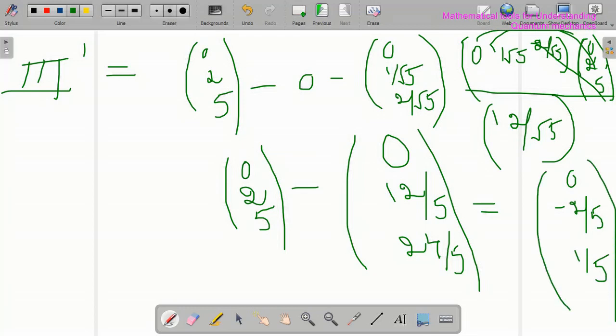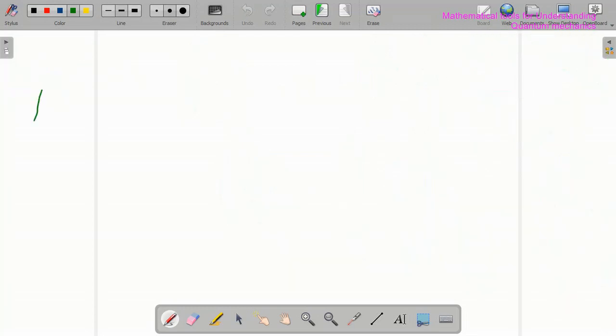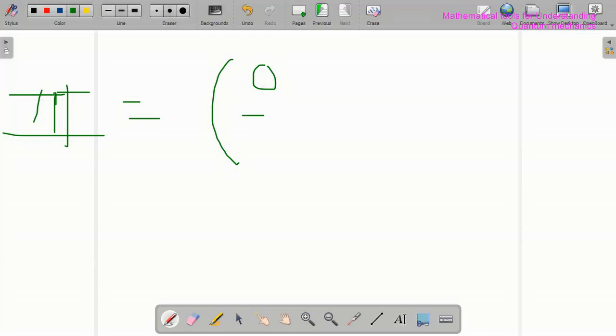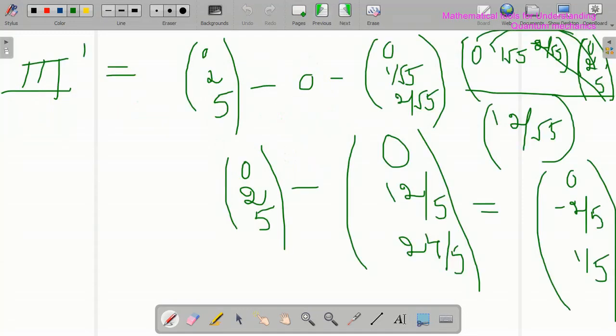Then this is the vector we have to normalize: 0, minus 2 by 5, 1 by 5.